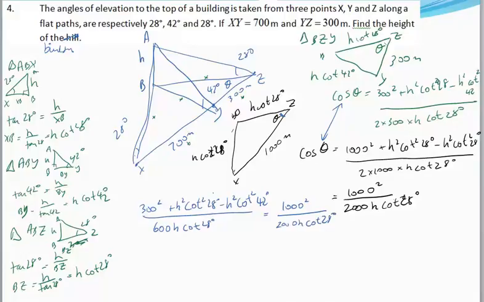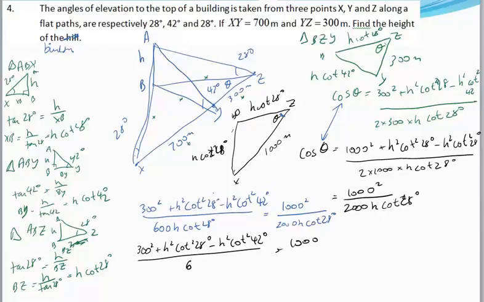On this side we have 600 H cot 28 degrees, on this side 2000 H cot 28 degrees. So we'll multiply both sides by 100 H cot 28 degrees. We keep the top, 300 squared plus H squared cot squared 28 degrees minus H squared cot squared 42 degrees, and we end up with 6 left here.